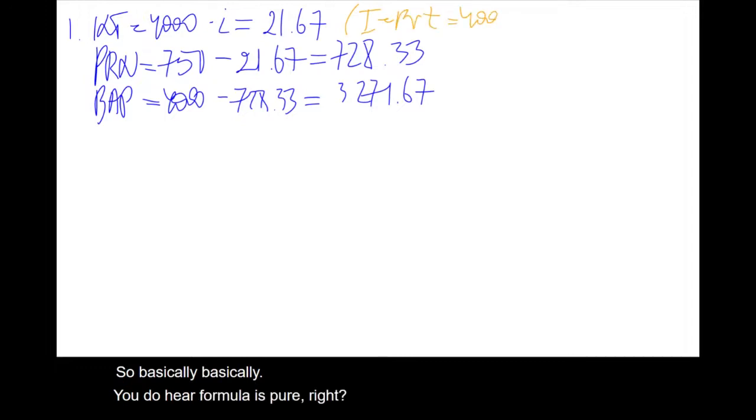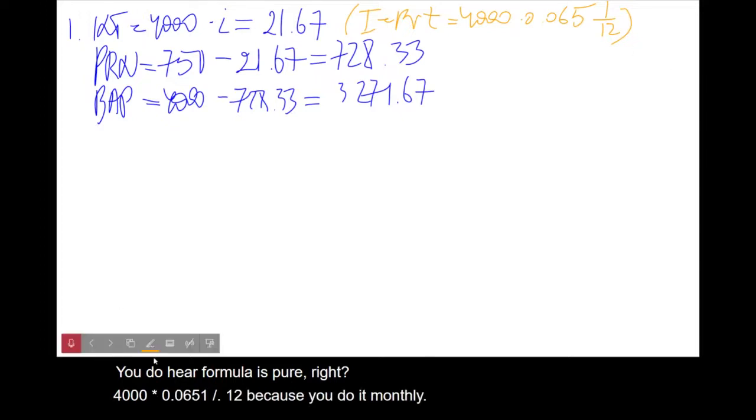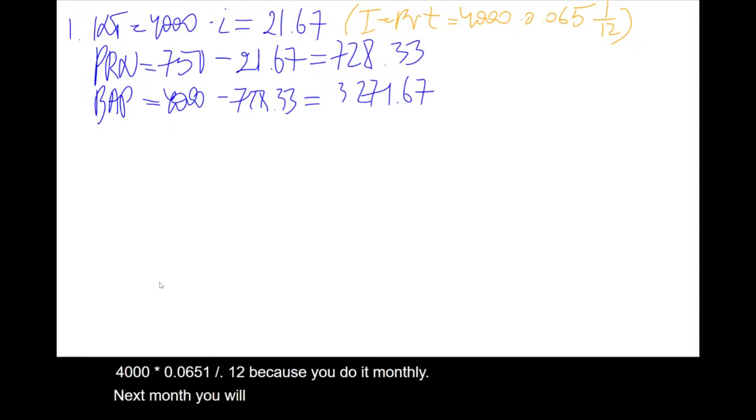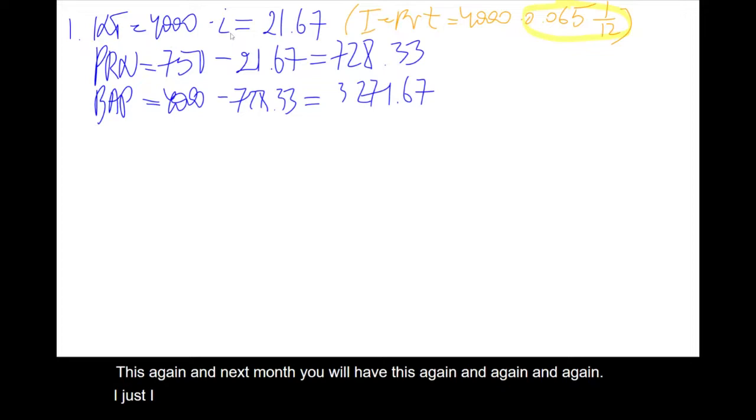So 4,000 times 0.065 times 1 over 12, because you do it monthly. And next month you will have this again, and again and again. Okay, so you just made it a variable. Yeah, I just calculated it one time and I use it. That's it. Okay, thank you. You're welcome.